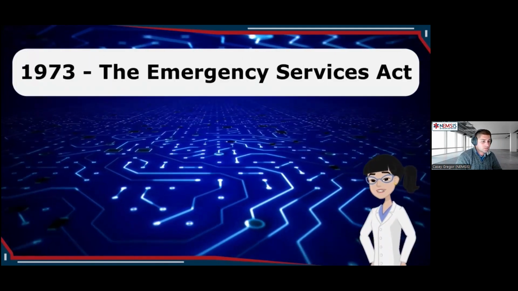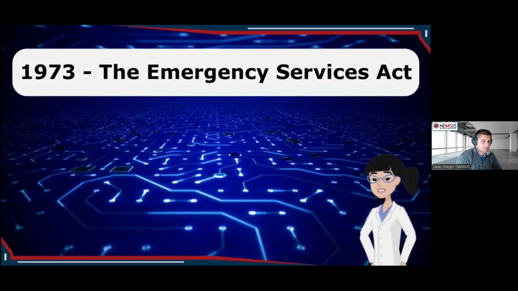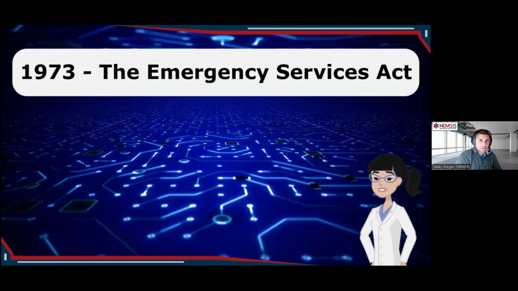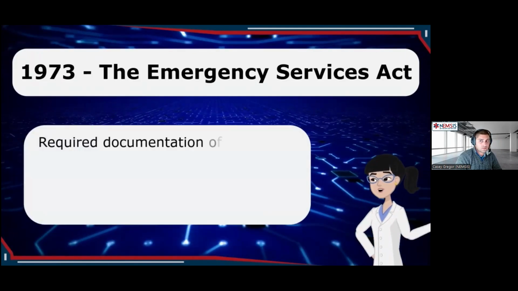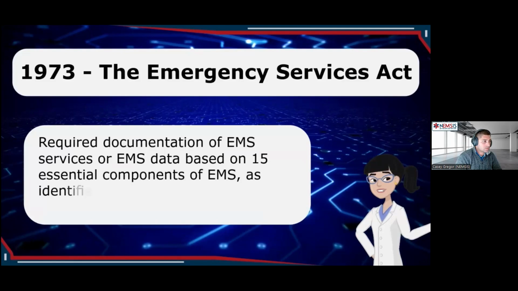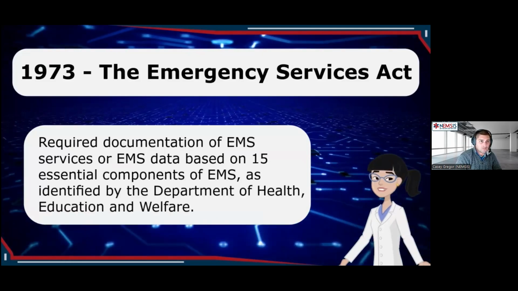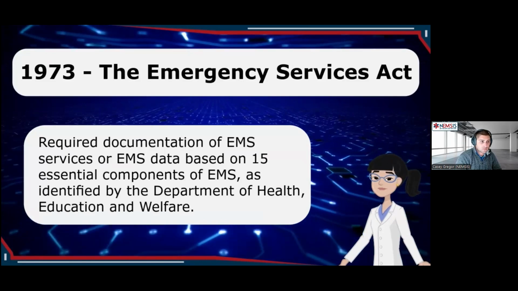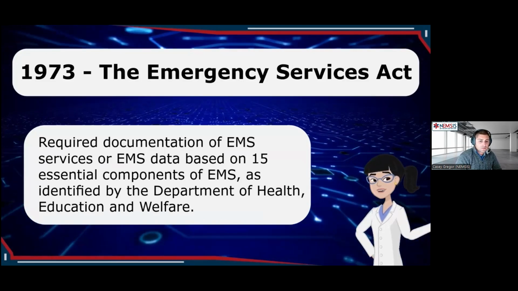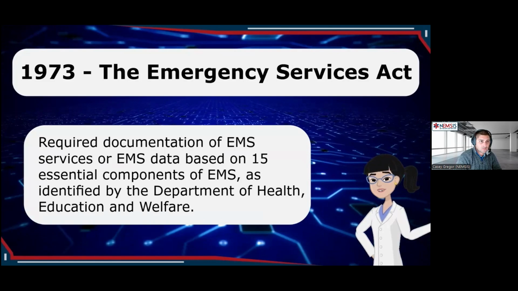In 1973, the Emergency Services Act established many guidelines and requirements for EMS, including requiring EMS data collection or documentation of EMS services based on 15 essential components of EMS, as identified by the Department of Health, Education, and Welfare.